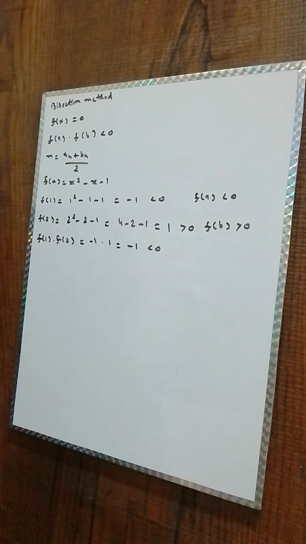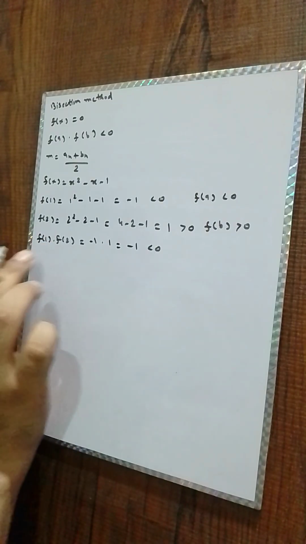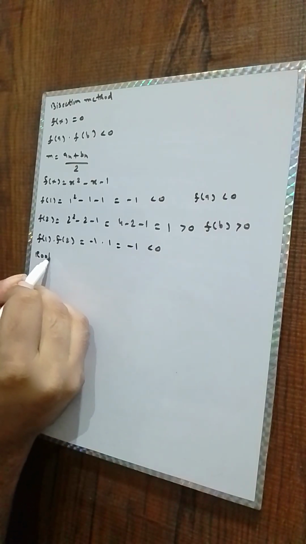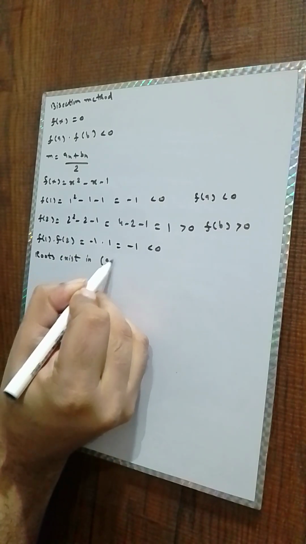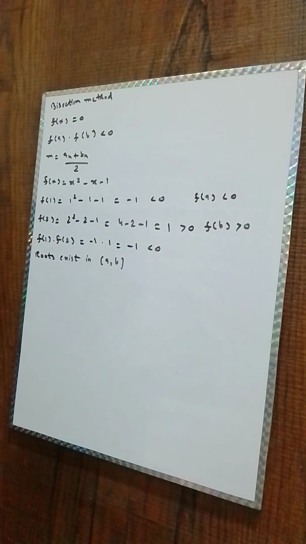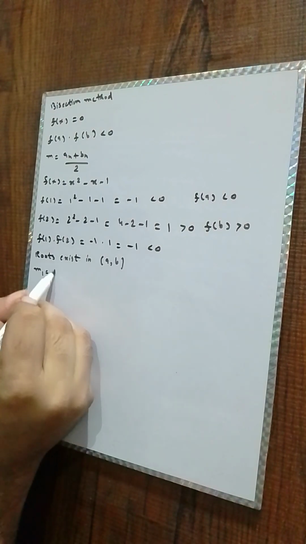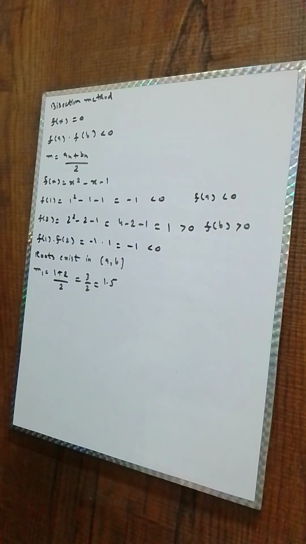Okay, so this indicates that the roots exist in the interval AB. The assumed arbitration roots exist in interval AB. Okay, and the first mean is equal to what? Very simple, 1 plus 2 divided by 2 is equal to 3 by 2, which is 1.5.